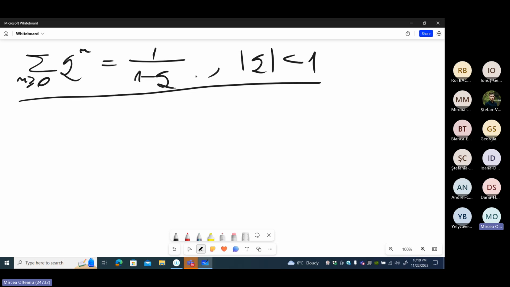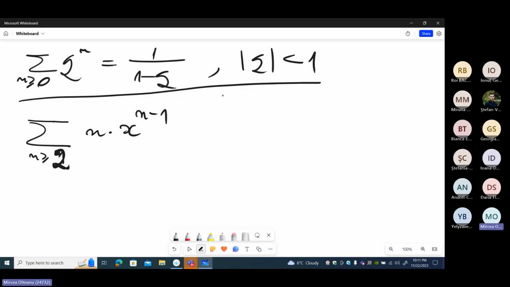Let's take, for example, a power series. Let's consider this one: the sum of 2n times x^(n-1).